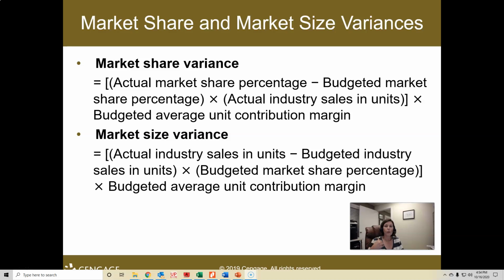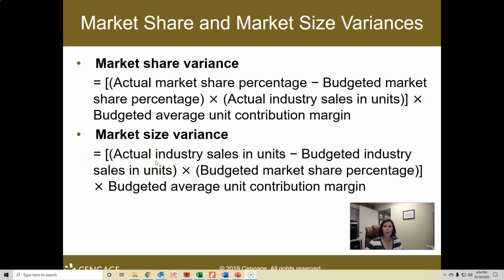So they, again, make these forecasts, but then we've got to go back and compare their actual performance to their forecasts. So we're going to look at the market share variance as well as the market size variance.